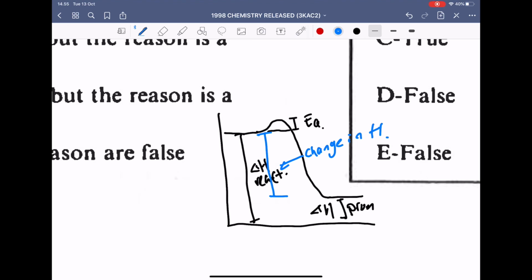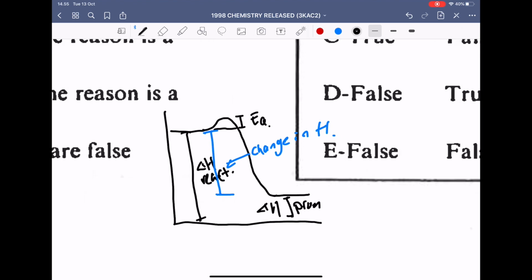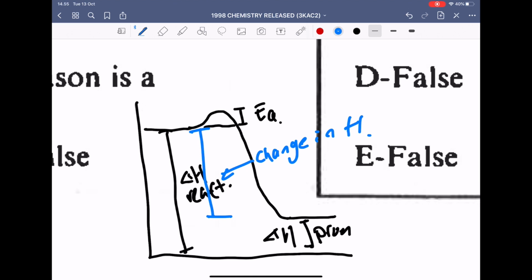So let's say that this line is before a catalyst is added, and this one is after a catalyst is added. What a catalyst does is slightly lower this activation energy, which means that the reaction can happen when a lower amount of energy is given.